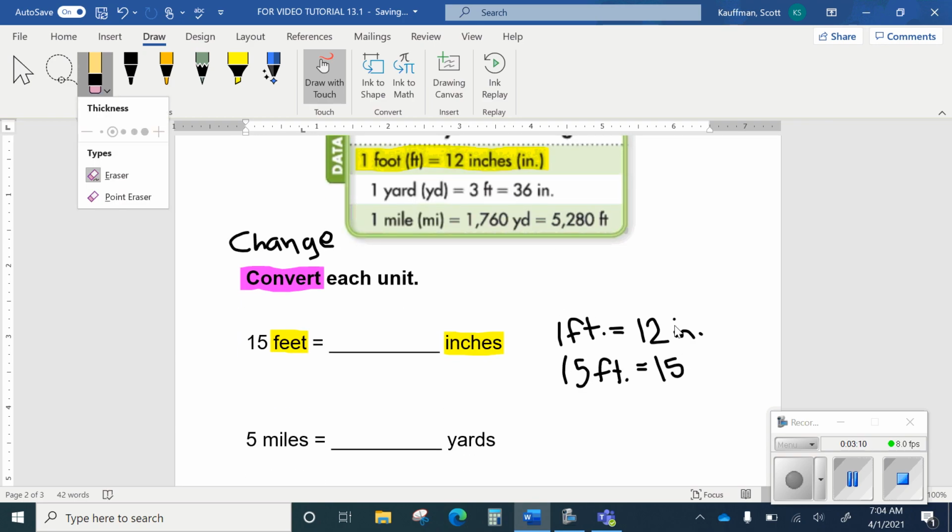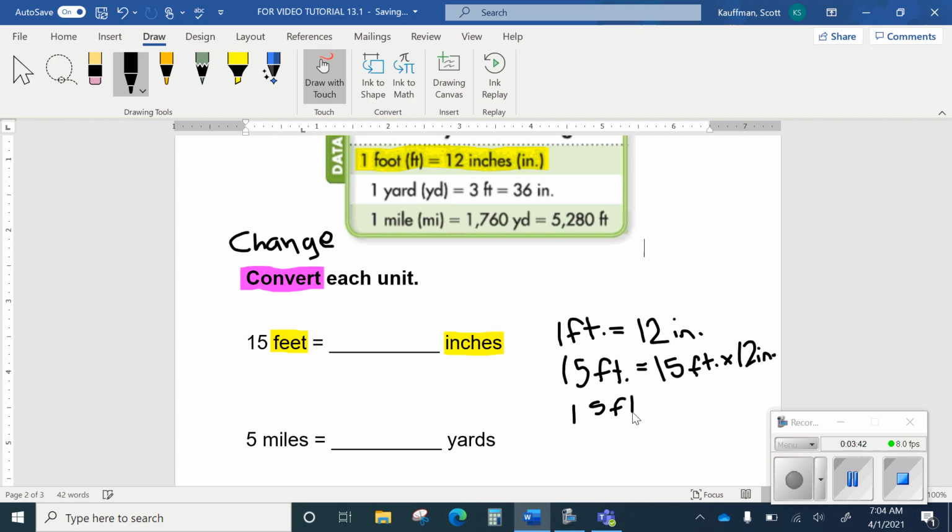We wrote it down. Underneath of that, we copied our measurement that we were given, which is 15 feet. And now, since we know that the number of inches is 12 times larger than the number of feet, we're going to multiply our 15 feet times 12 inches, because 12 inches is 12 times larger than 1 foot. So this number should be 12 times larger than 15 feet.